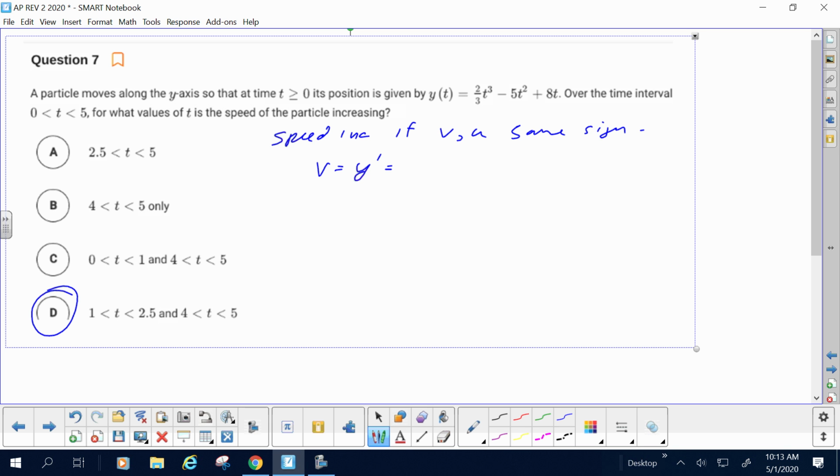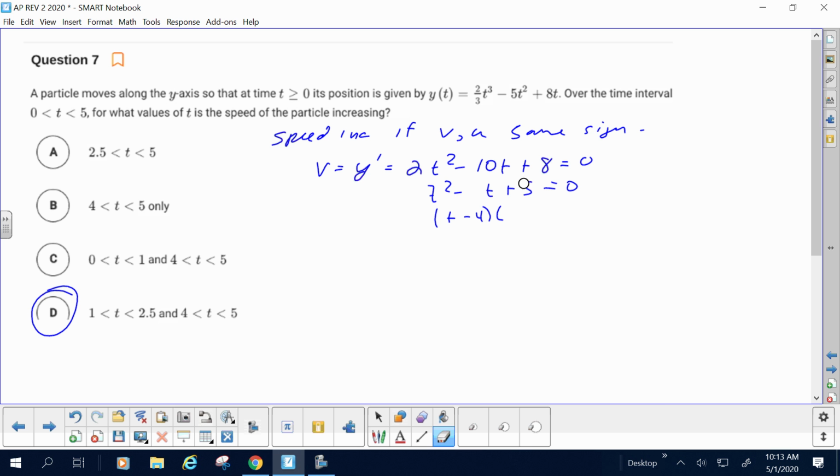I digress. The derivative is 2t squared minus 10t plus 8. As far as figuring out where this is positive or negative, I've divided out a 2, and I'm getting zeros at 4 and 1, which is where it changes sign, right?